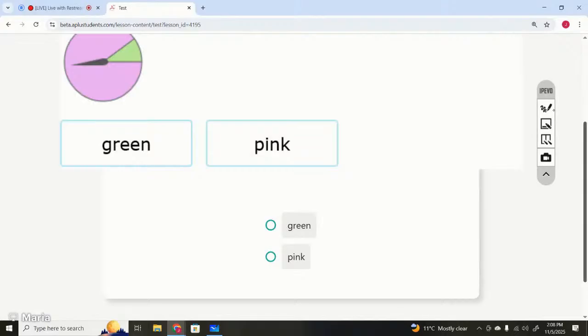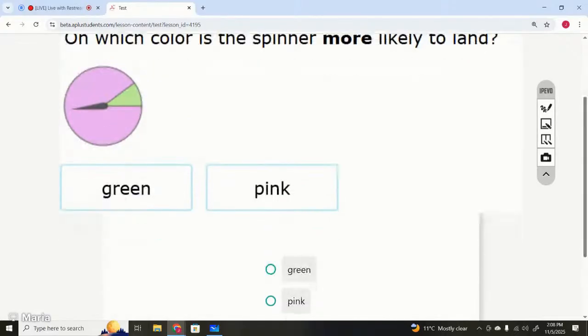Very good. And which color is the spinner more likely to land? Green or pink? Which is the correct option? The spinner has the more portion that is pink, right? So it will more likely land on pink. Option number two is the correct option. Very good.